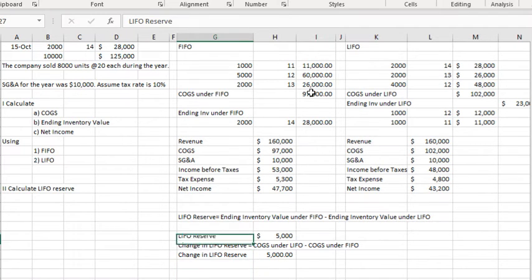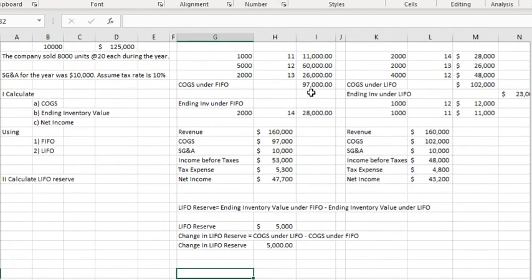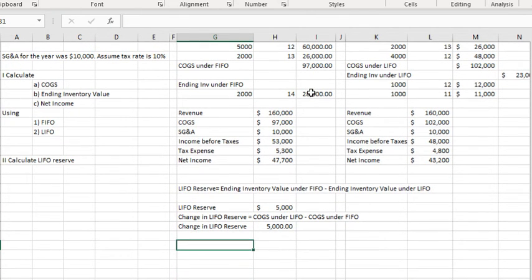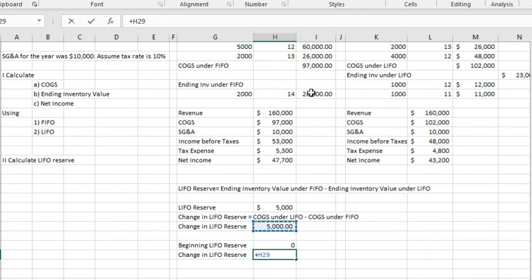So the change in LIFO reserve and LIFO reserve are the same, and the reason for that is the company is beginning operations just this year. So beginning LIFO reserve for the company was 0. Change in LIFO reserve is $5,000.